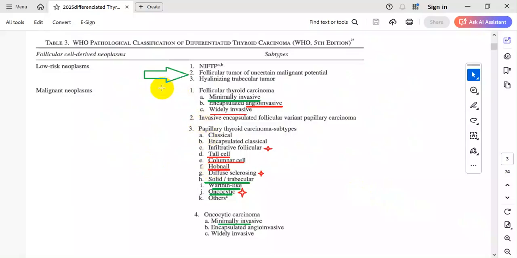For example, if the pathologist gives you only a diagnosis of follicular thyroid carcinoma, it is dangerous. It's very important to know which subtype, because if you know the subtype and the clear diagnosis is done by the pathologist, you can follow the patient correctly and choose the right option for treatment.